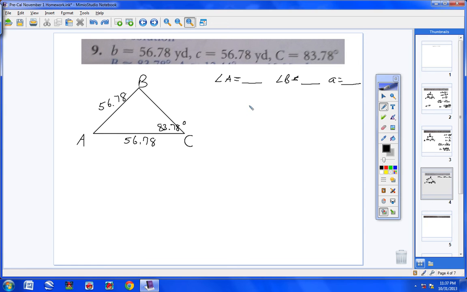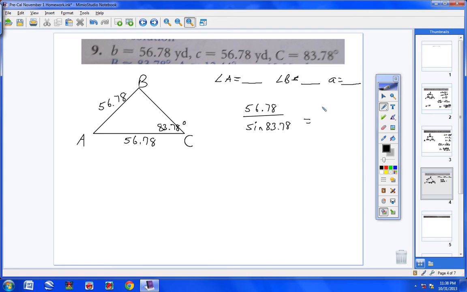So I'm going to say 56.78 over the sine of 83.78 equals. Now I'm not going to solve for A's, that's two unknowns. I'm going to use my B's.